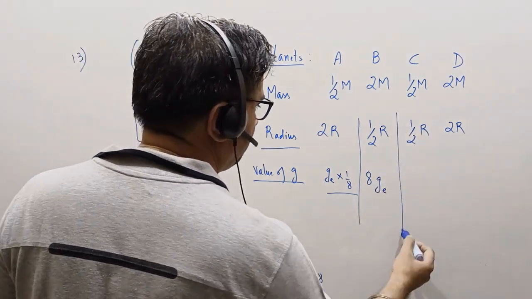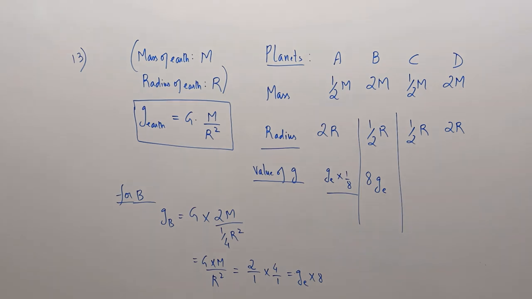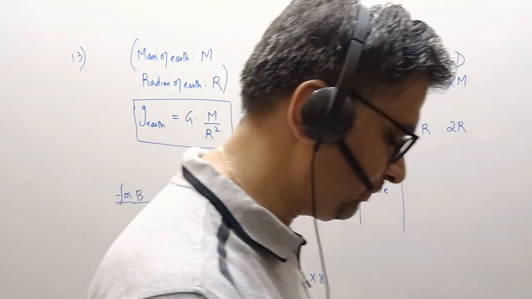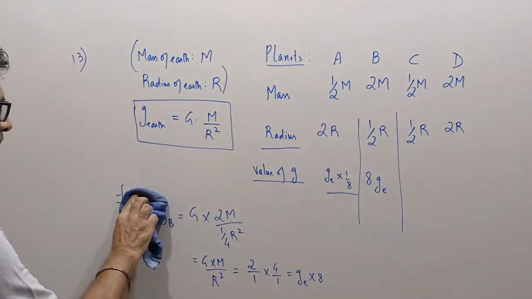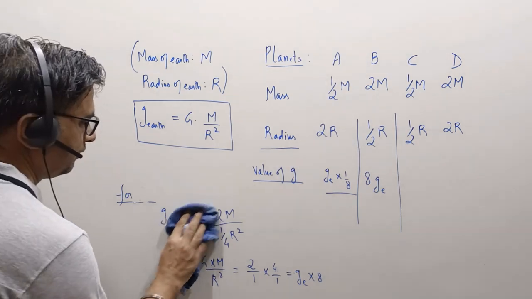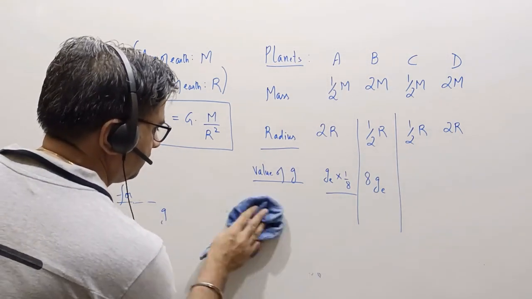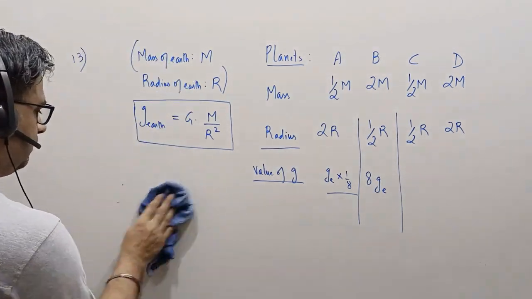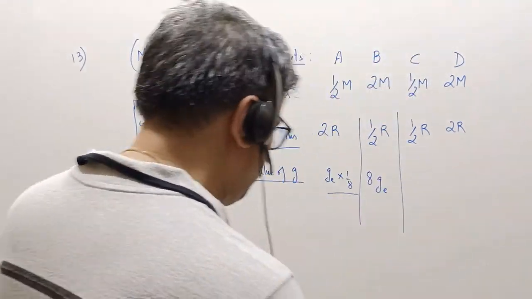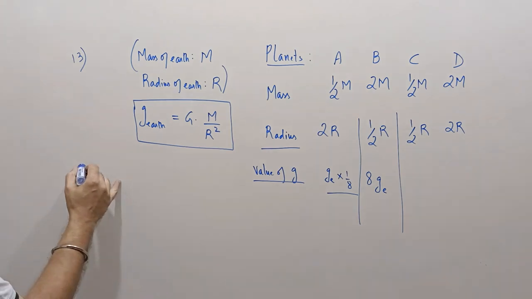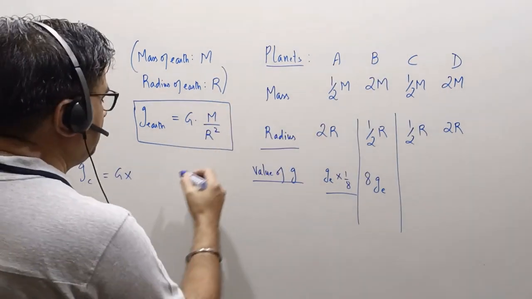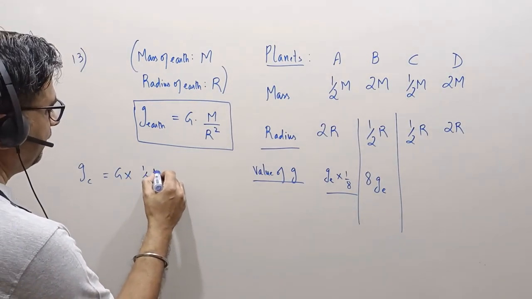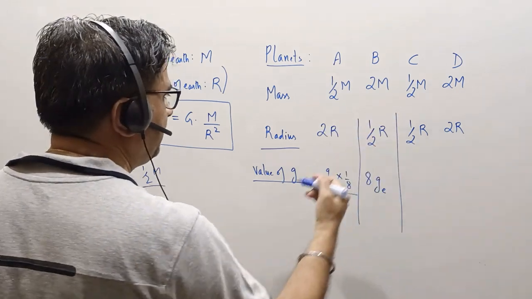Let's now find the value of this quantity on planet C. So let's probably do this quickly for both C and D. So for g of C, this will come to g into m, which is 1 by 2 m, and the radius is 1 by 2.